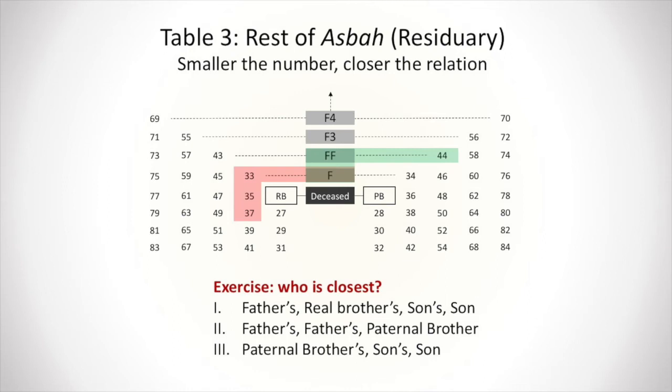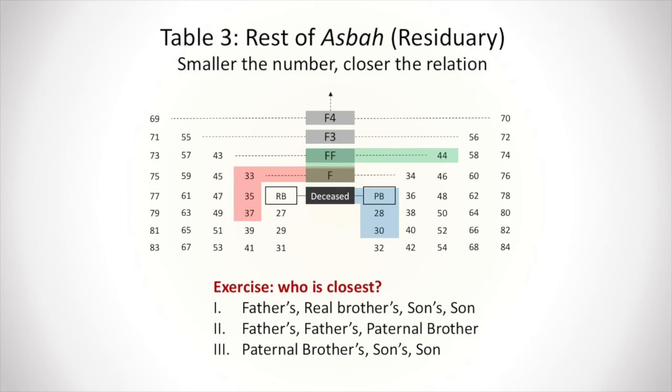And the last one is paternal brother's son's son. We move to the right to the paternal brother, then 28, and then 30. So in this way, we have identified that the closest relative would be the third category, which is paternal brother's son's son, as that number is the smallest of all the numbers that we have identified.